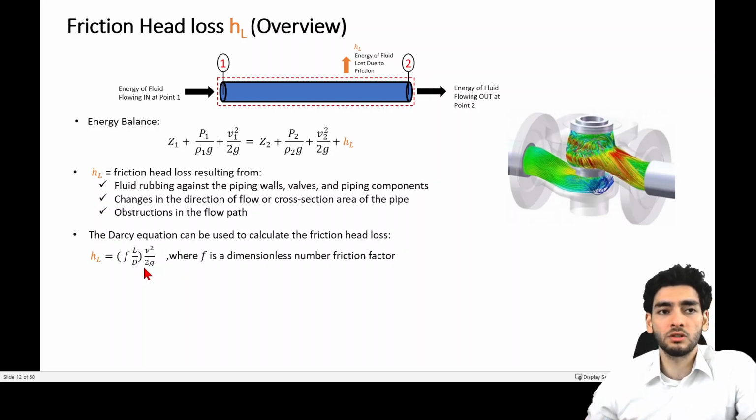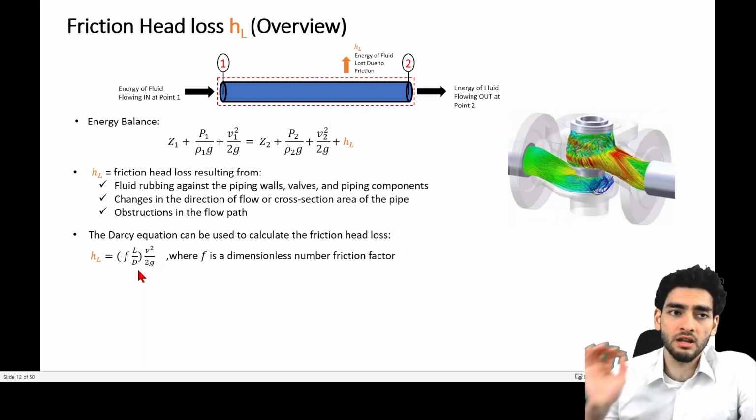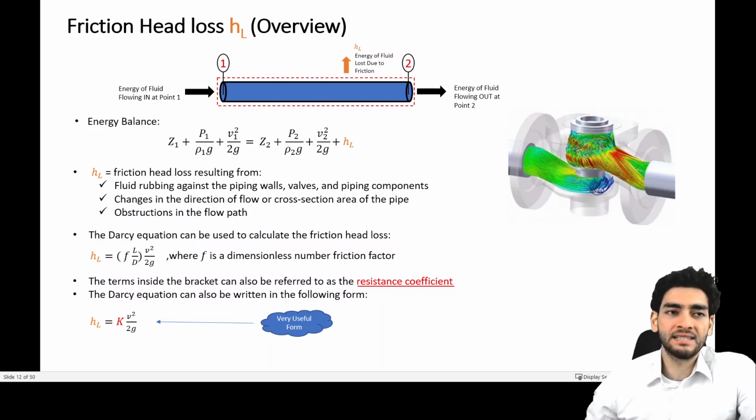Now, there's another way that you could represent the Darcy equation, which in my opinion is a lot more useful. And that is if you represent the Darcy equation in terms of the resistance coefficient. So you could see that the terms inside this bracket can also be referred to as the resistance coefficient.